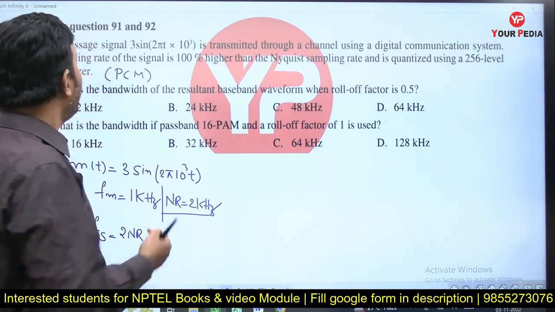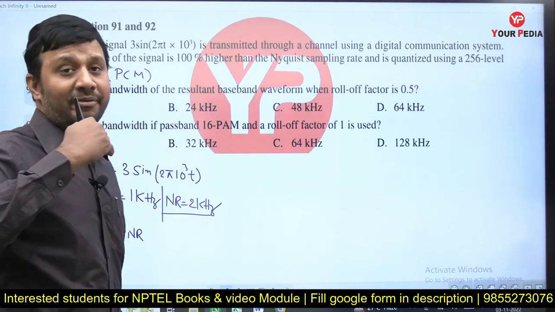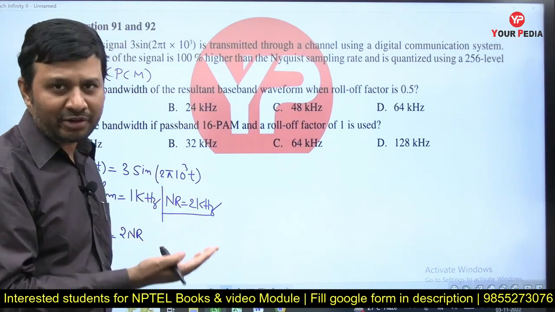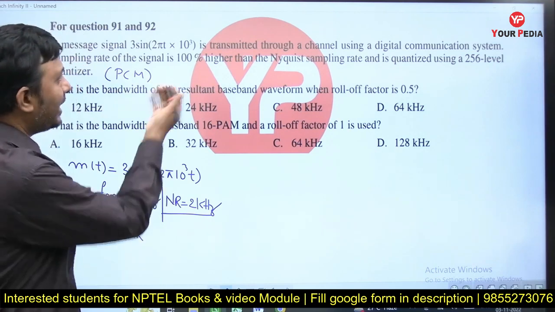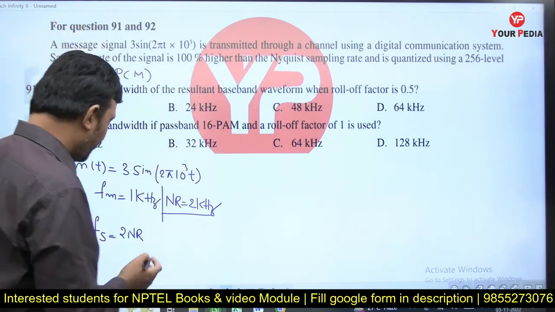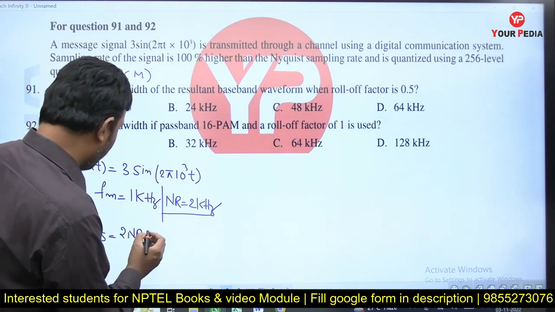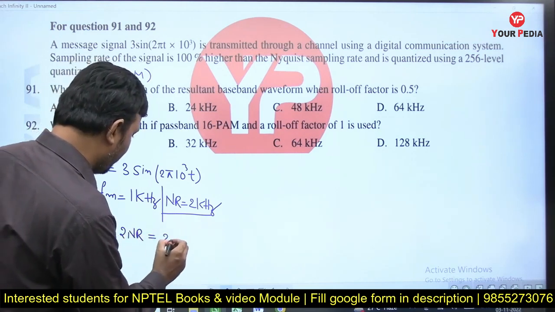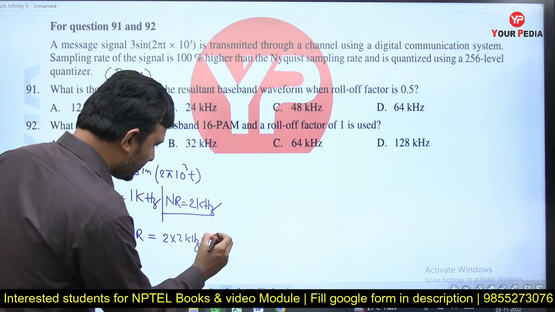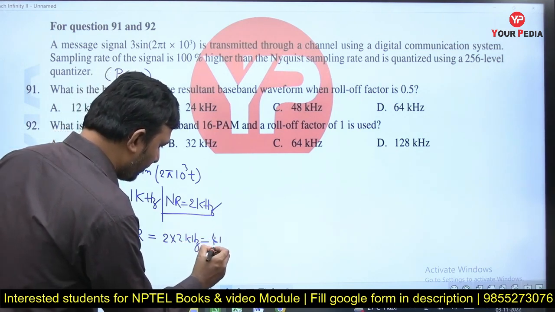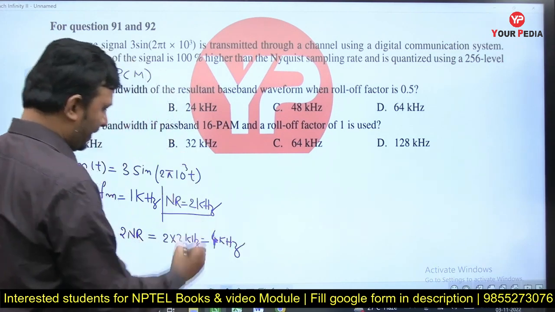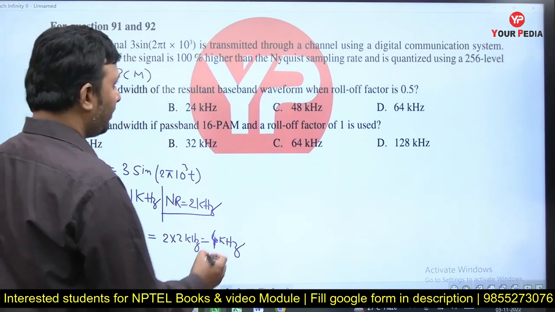If it is 75% higher, that means 1.75 times the Nyquist rate. Since he said 100%, it is 2 times the Nyquist rate, which is 2 times 2 kilohertz, which is 4 kilohertz, or 4000 samples per second, the sampling rate.